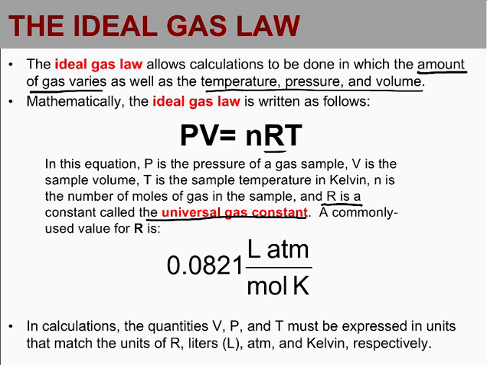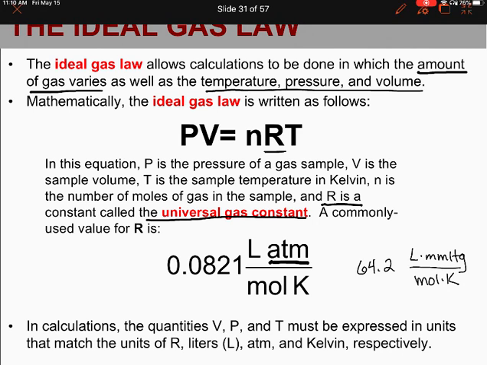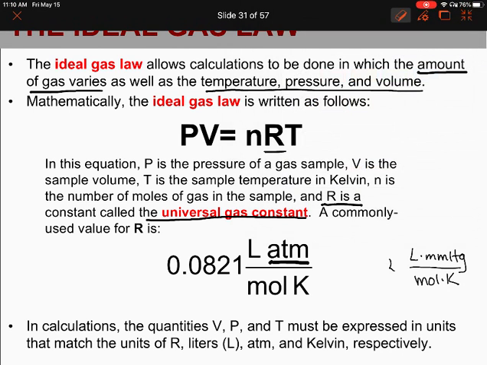So for instance, let's say instead of units of atmospheres, we wanted to use millimeters of mercury. I believe the value for that is 64.2 liters times millimeters of mercury over moles times Kelvin. So, if you change the unit there, that will also change the constant, but we're just going to use the one that's given here.